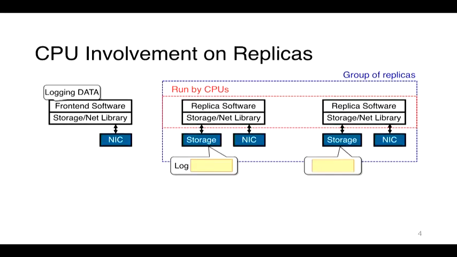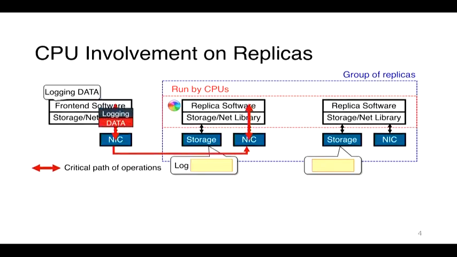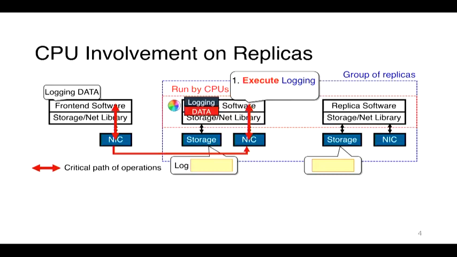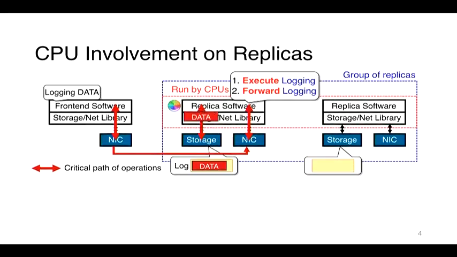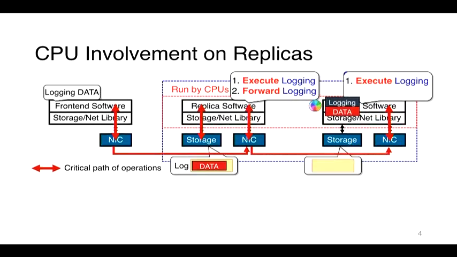There are 2 typical steps each replica performs. First, when the replica software receives the operation along with the data, it executes the operation. In logging, it will store the data to the storage. The next step is to forward the operation to the next replica in the chain. The same thing happens when processing other transactional operations such as locking and commit.